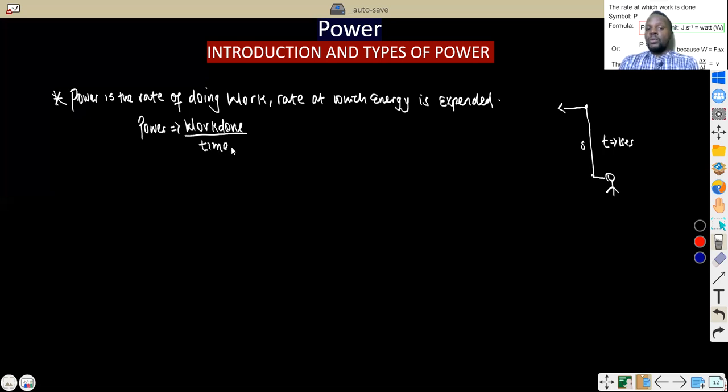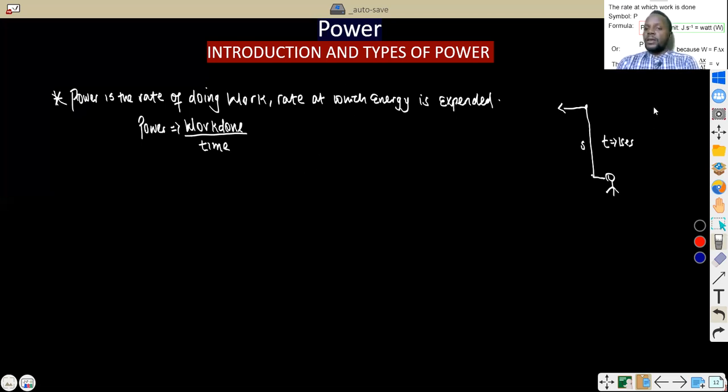This is the way we relate power with respect to time and work done. Basically, I know you might have learned all these in early classes, and we are only trying to show some illustration for you to understand that power is a function of time.